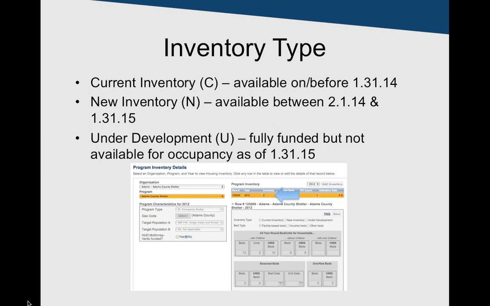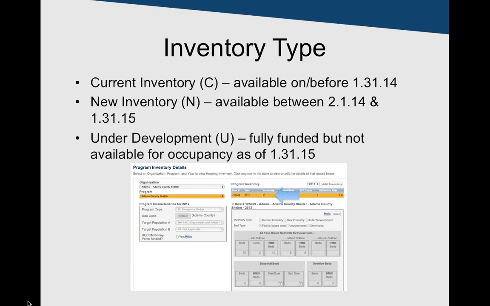Finally, for those beds that are under development, we're looking at beds and units that were fully funded but not available for occupancy as of January 31st of the year of the count. So that's going to be January 31st of 2015.